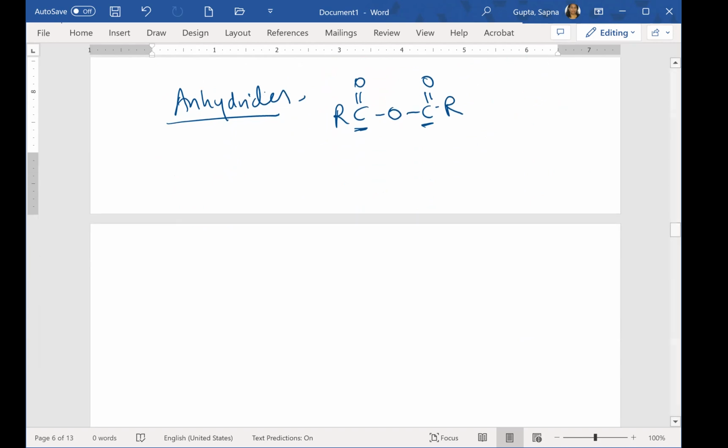So how does this work? Well, exactly the same way as an acyl chloride would. So let's say you have CH3COOCOCH3, AlCl3. Your catalyst is the same. That hasn't changed.